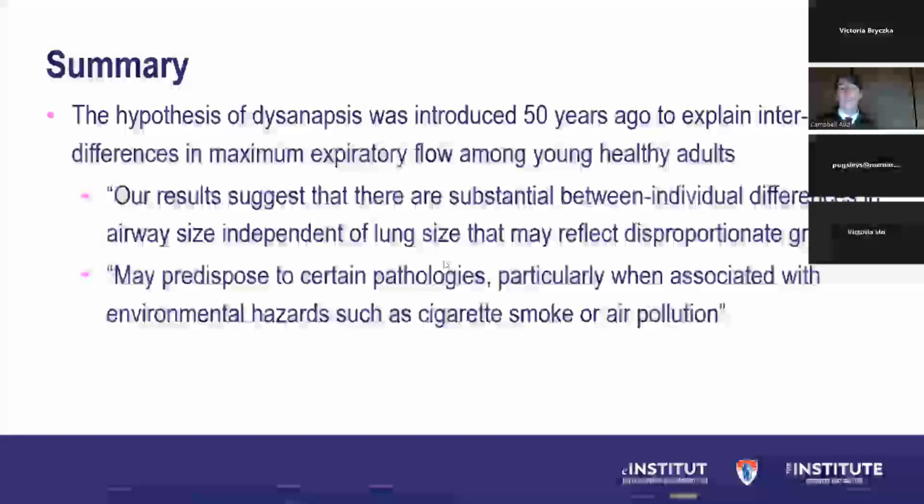I thought they were spot on here, but they concluded their paper with, who knows, maybe this has relevance to airway diseases, may predispose to certain pathologies, particularly those associated with environmental hazards. I'd say the past 5 decades have largely validated what they hypothesized and expanded upon it, I hope.